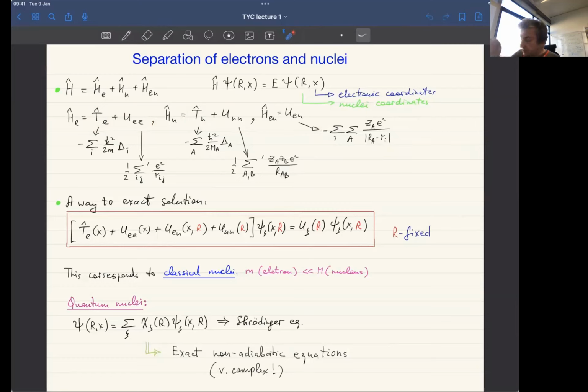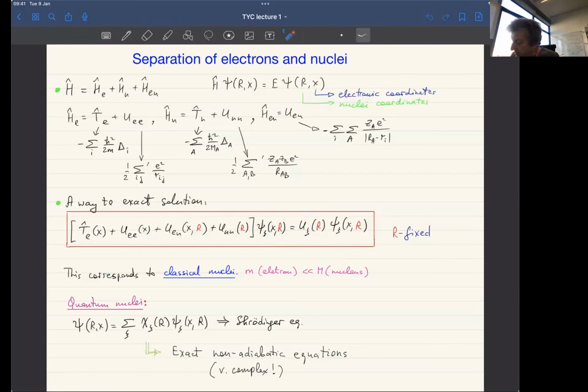Of course, this Schrödinger equation is rather complicated. So in order to solve it, one way of solving it is to solve it in steps. The first step is to assume that atomic positions, nuclear positions, are fixed at some vector, capital R, so it's a fixed position, and then consider the electronic subsystem only in the field of these fixed nuclei.